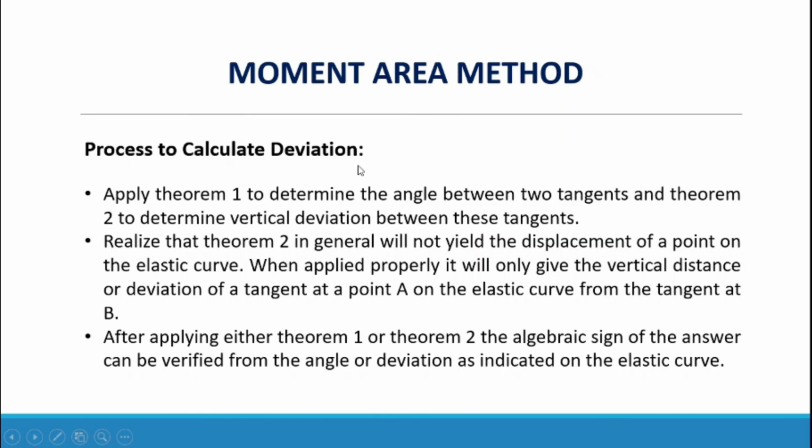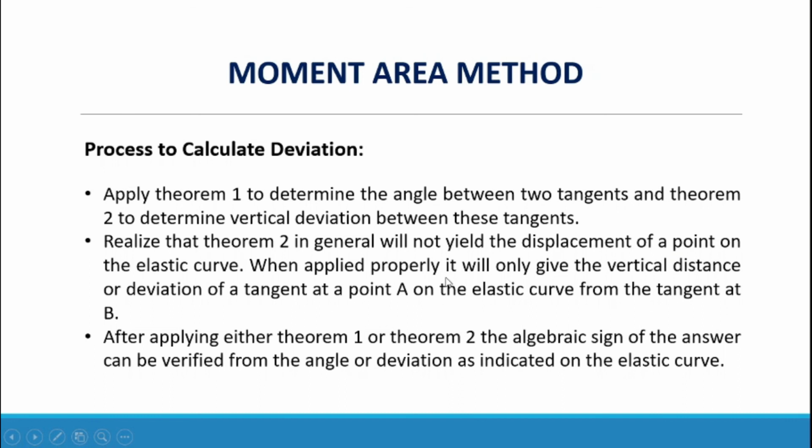Process to calculate deviation. First, apply Theorem 1 to determine the angle between two tangents, and Theorem 2 to determine the vertical deviation between these tangents. We realize that Theorem 2 in general will not yield the displacement of a point on the elastic curve.